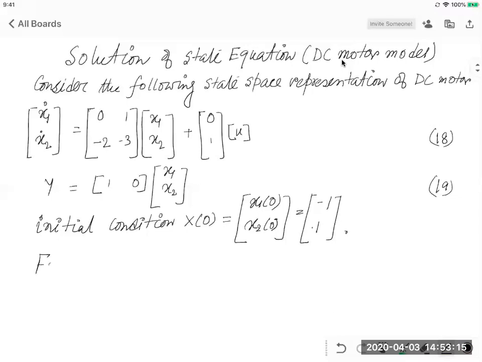Find unit step response for t greater than or equal to 0.